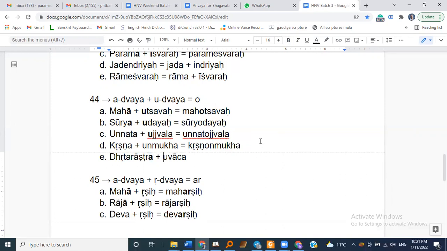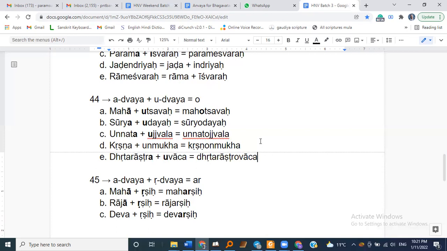So Dhritarashtra ends with Arama, right? And then we have U, which is Udvaya, one of the Udvayas. So why doesn't it become Dhritarashtrovacha instead? Because it's a noun and a verb? And these others... Lopaharaha.